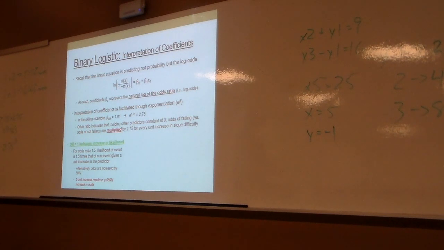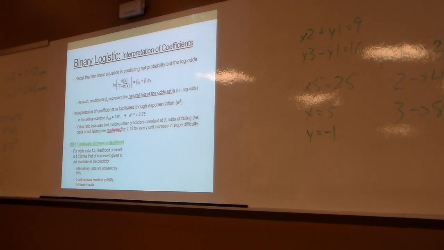But start to think about things in terms of a standard deviation unit increase, and the associated increase in the likelihood of occurrence versus non-occurrence. Okay. So people see how this is what we're working with differently in our logistic models versus our standard linear regression.